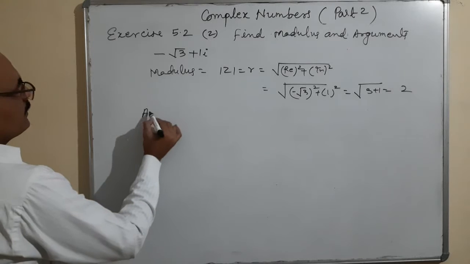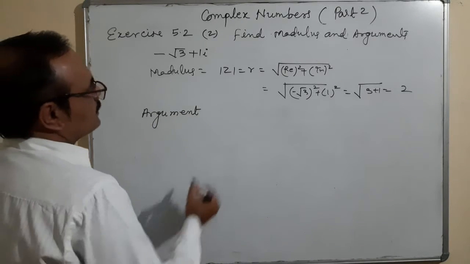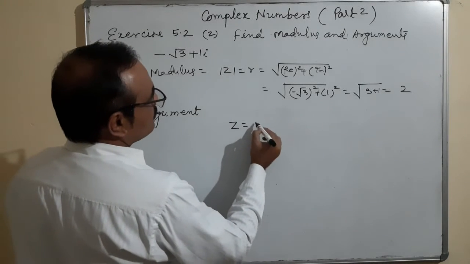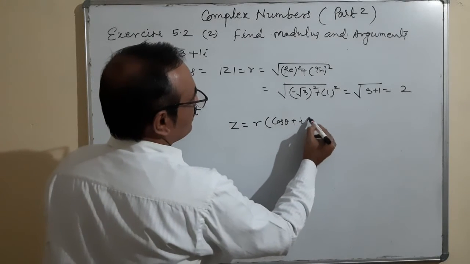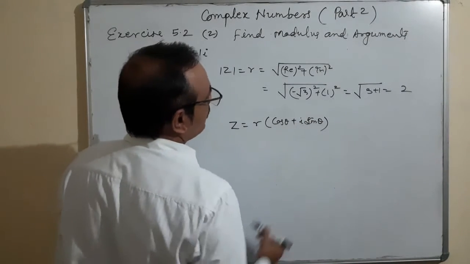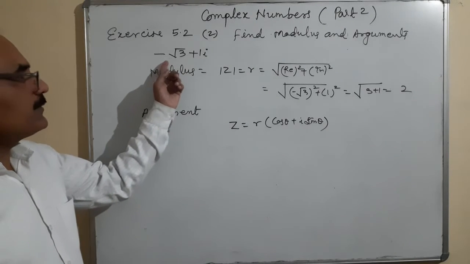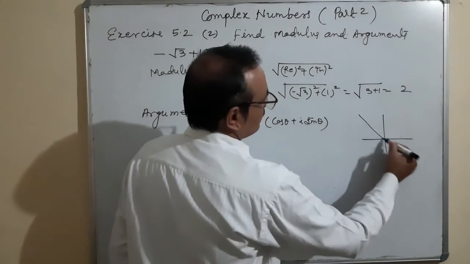Argument. Write z in the form z is equal to r cos theta plus I sin theta. Okay. Which situation is there? Here the real part is negative and imaginary part is positive. That means we are talking about the second quadrant here. Okay.